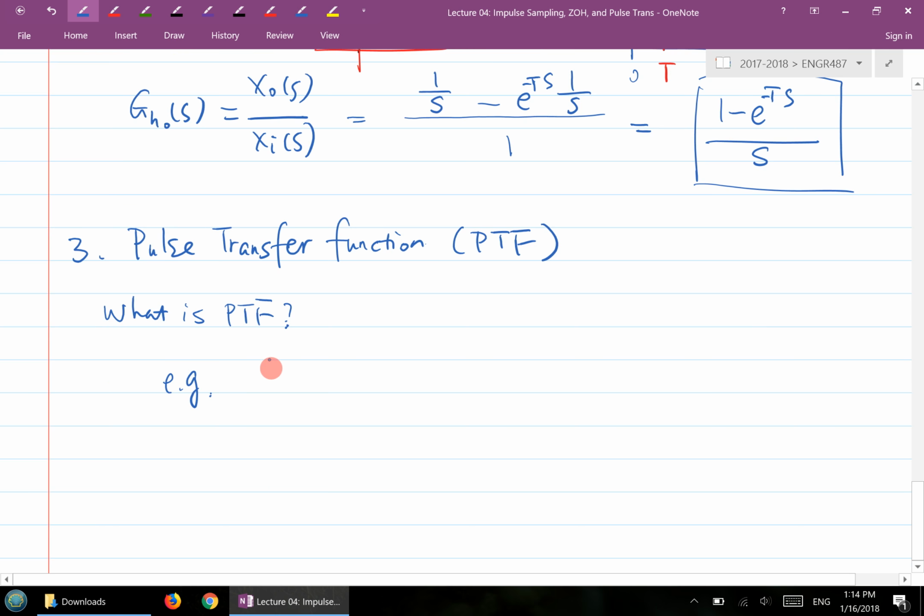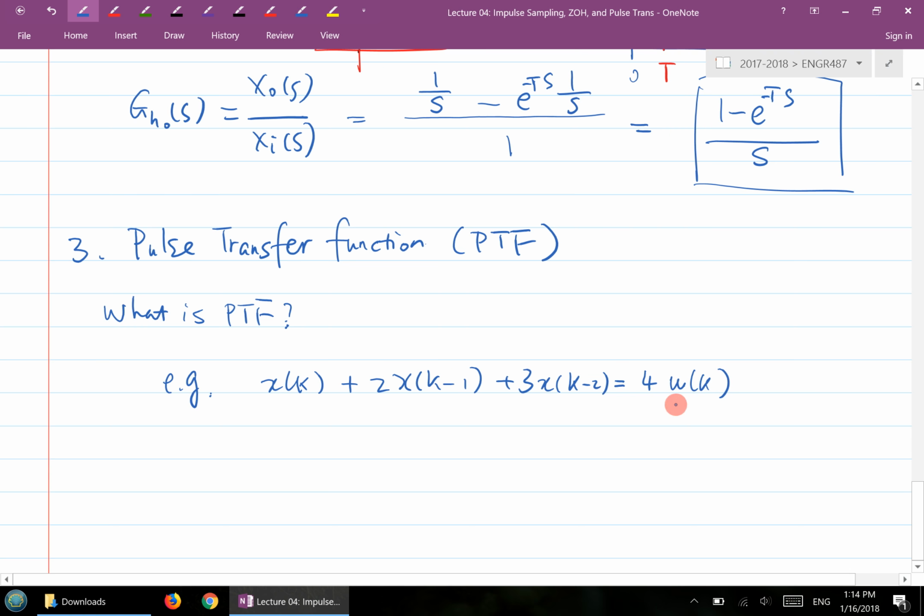Let's say your starting point is that you were given a difference equation.